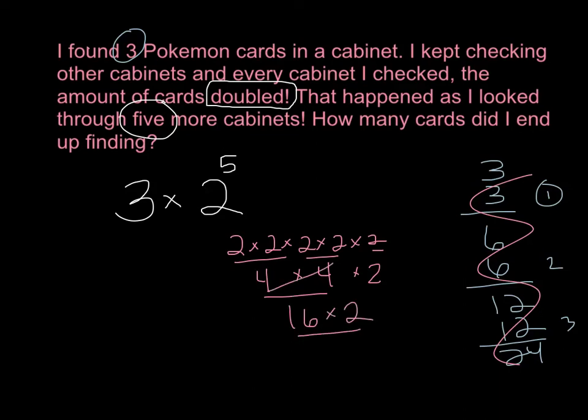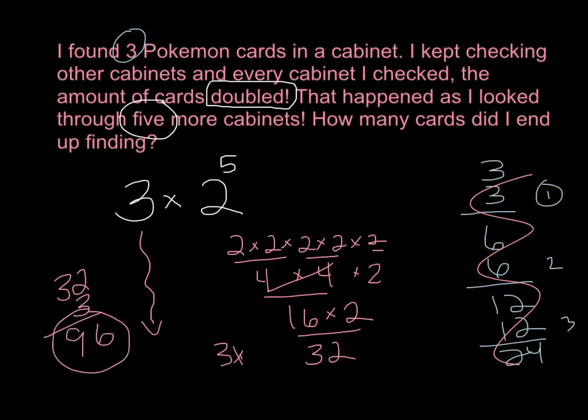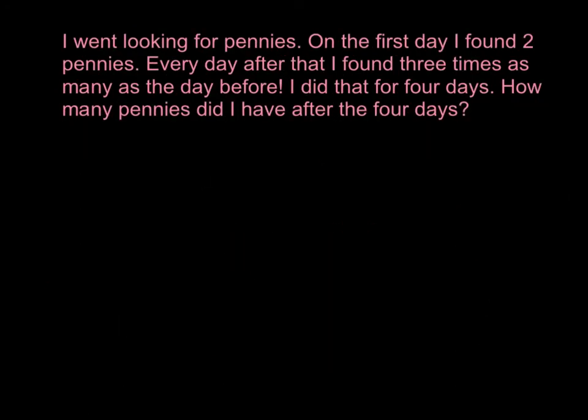And 16 times 2 is 32. That's just for the 2 to the 5th power. Now we have to multiply it all by 3. So 32 times 3 is 96. So after looking through all of the cabinets, I would have found 96 cards. So that's how you would use exponents to solve a question like that.